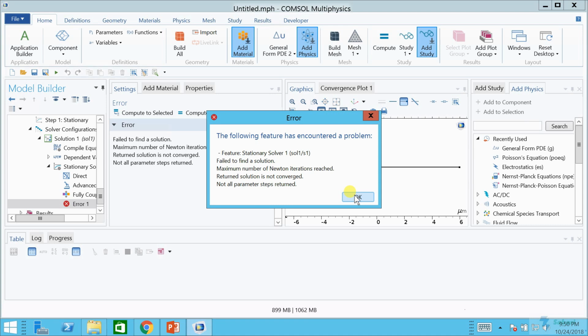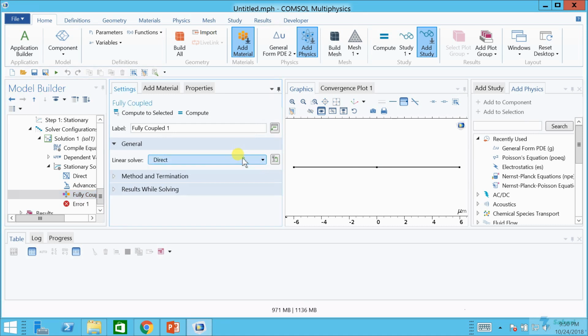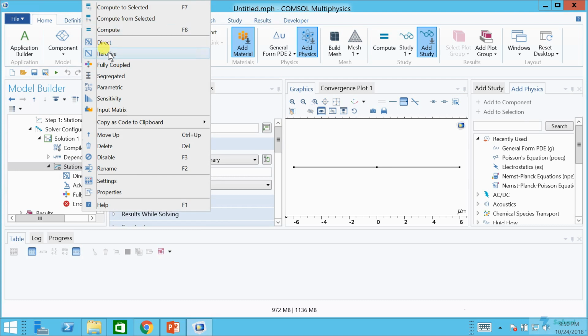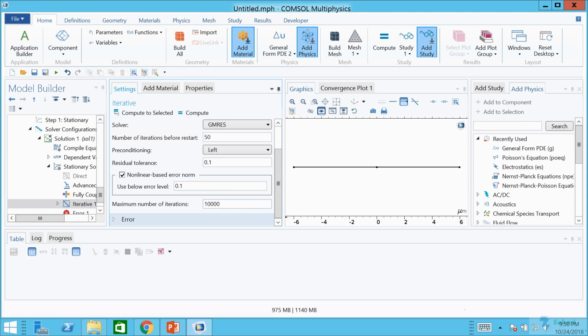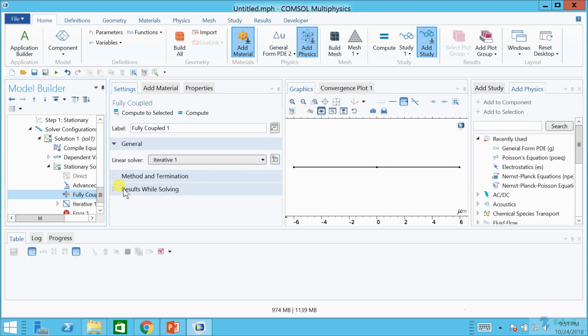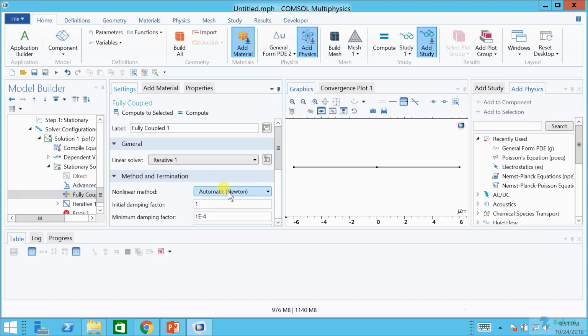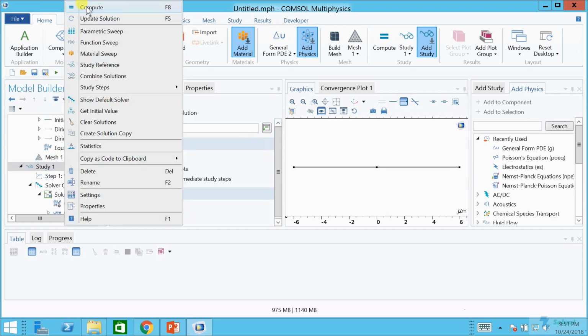Not all parameters are returned. So I'm going to change this direct to an iterative solver, where I'm going to set the residual tolerance to be 0.1, and increase the nonlinear number of iterations, and here I'm going to use the nonlinear method, automatic highly nonlinear, and then I'm going to remesh it, and compute it again. That's it.